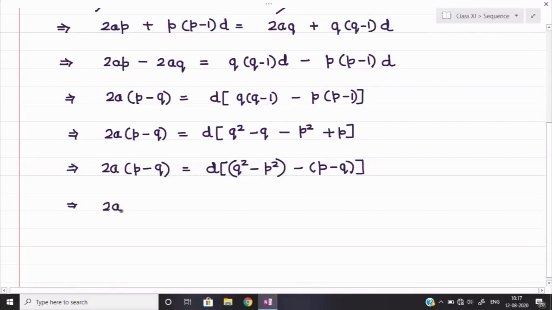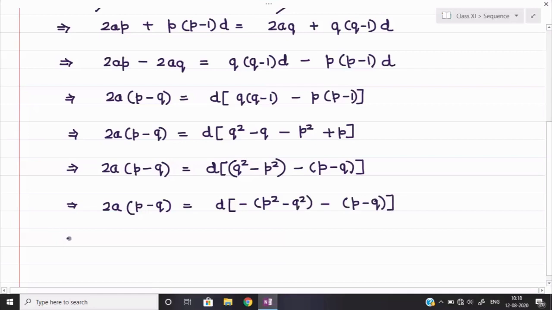So 2a into the bracket (p minus q) is equal to d into the bracket, here taking the minus sign common. This will become p square minus q square, minus (p minus q), right?